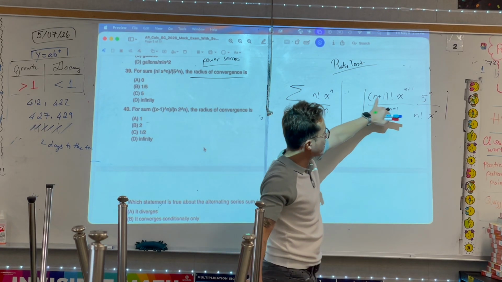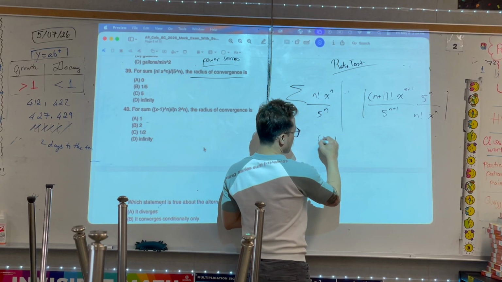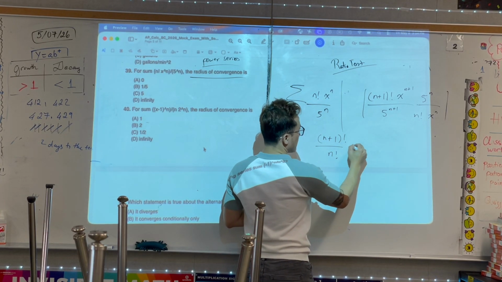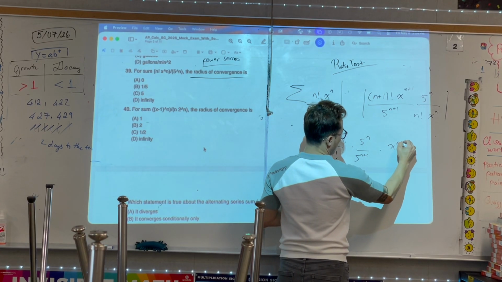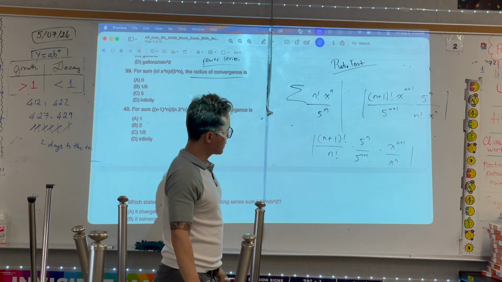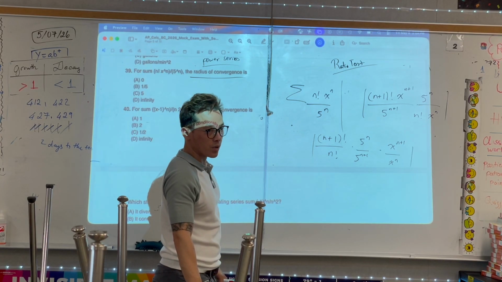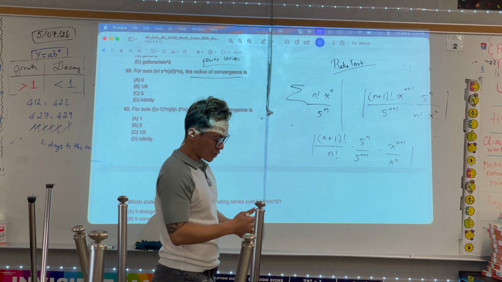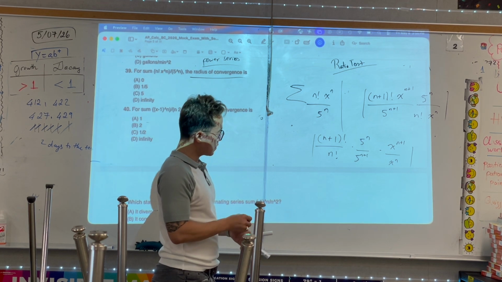n plus 1 factorial. Wait, can you separate it? Can you write them in corresponding terms, like this? n plus 1 factorial divided by n factorial, what is it equal to?